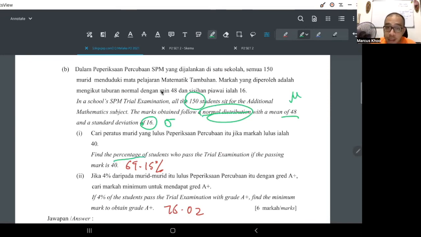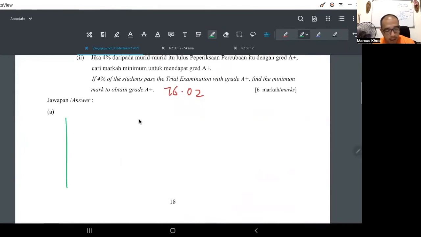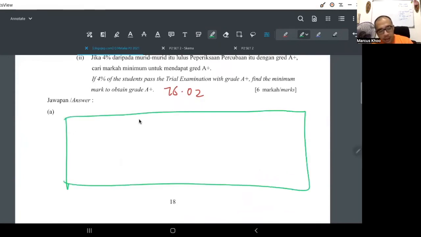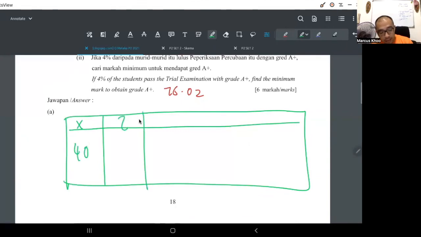When you find a percentage, you need to find the probability first lah. Okay, so the probability of the passing mark is 40. So that means you want to find the probability that X is more than or equal to 40. If you're using the method that I teach you, so you don't forget lah. Okay, so this is X equals to 40, change it to Z. Okay, Z is 40 minus this one.